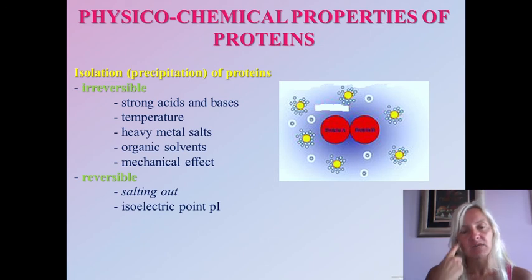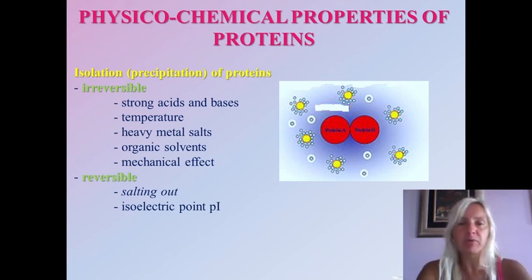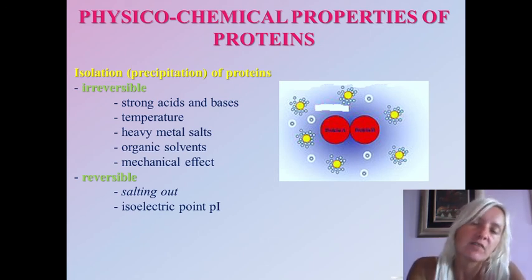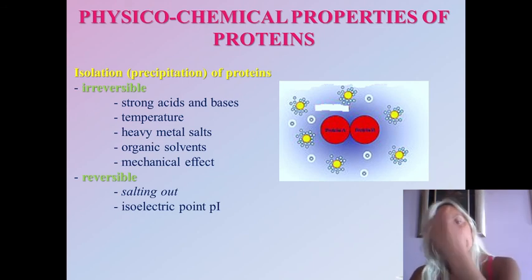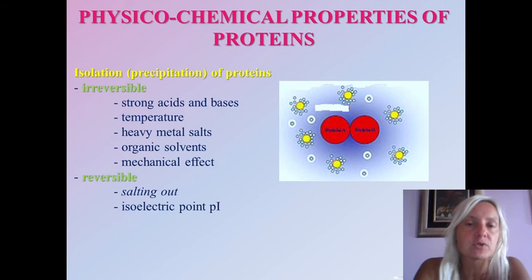But from the point of view of laboratory work, sometimes it is very valuable to isolate or precipitate protein from the solution, but in a way to prevent the loss of its structure and biological activity.